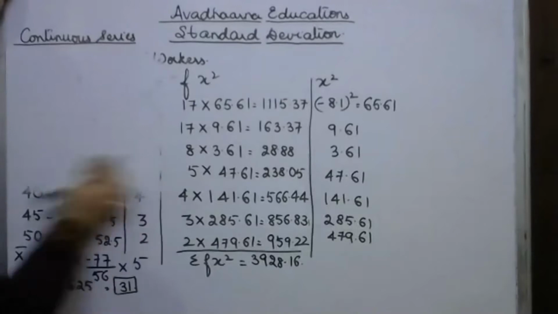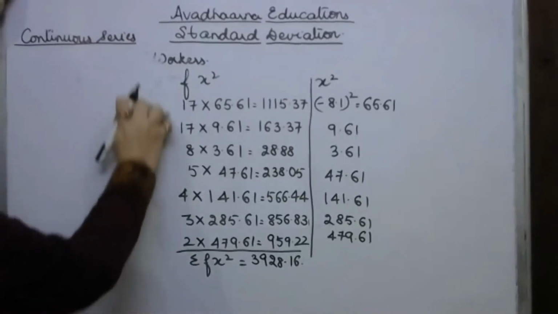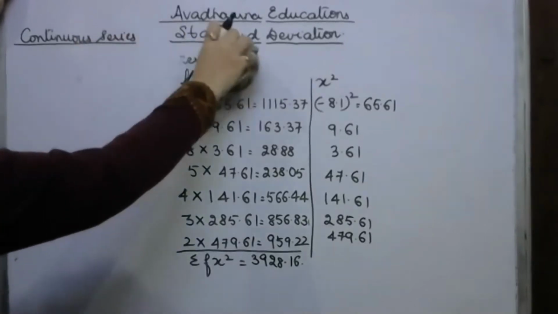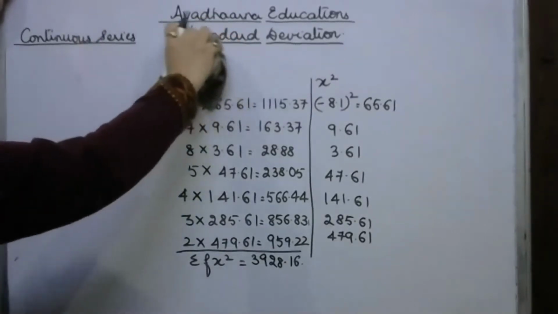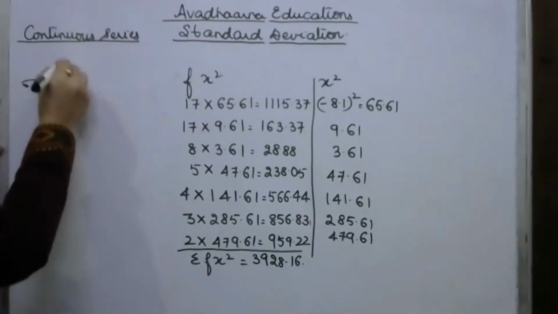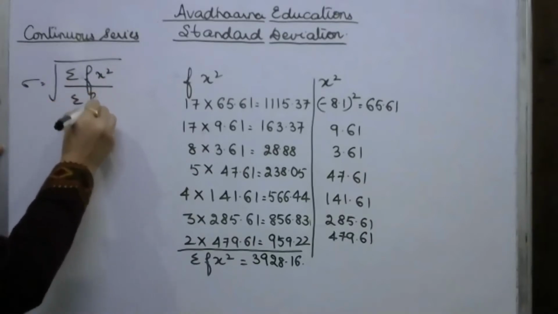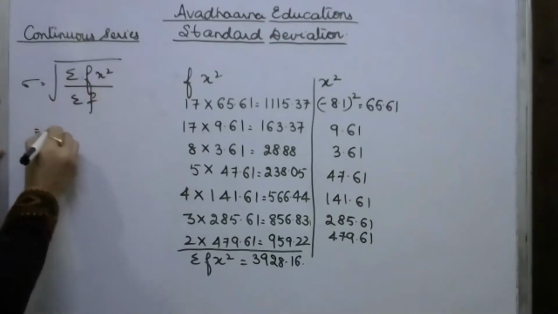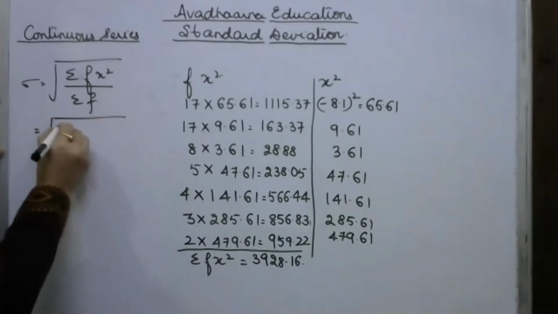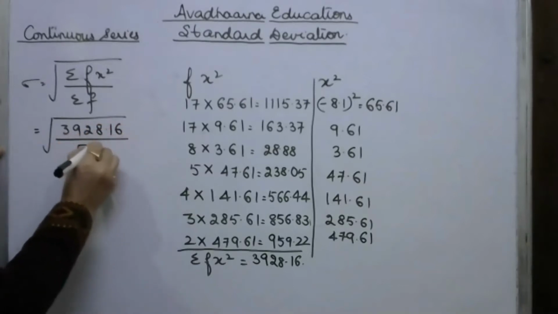Now since we have calculated summation fx square, we are in a position to put these values in the formula for calculating the standard deviation. The standard deviation in case of continuous series by actual mean method is given by under root of summation fx square over summation f, which is equal to under root of 3928.16 upon 56.